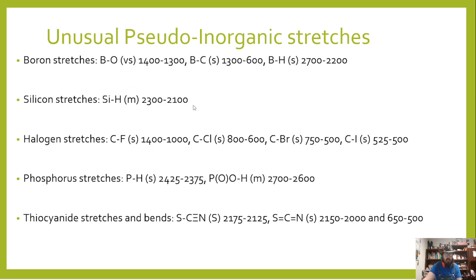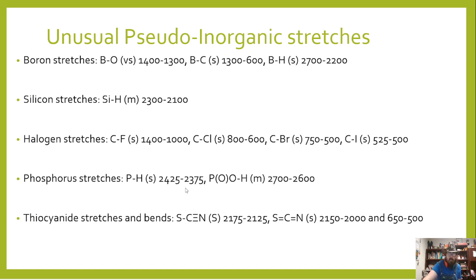Silicon would show up in here. Halogens, CF, that's going to be in the fingerprint region. CCl is going to be in that aromatic region. CBr is also going to be in the aromatic region. CI is going to be in that aromatic region, just at the very bottom of our mid-IR.